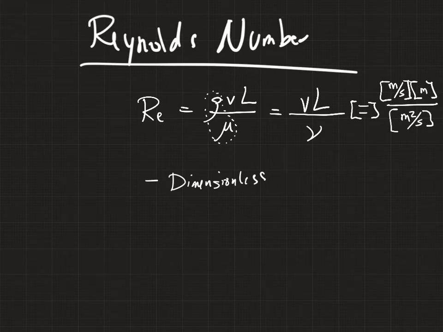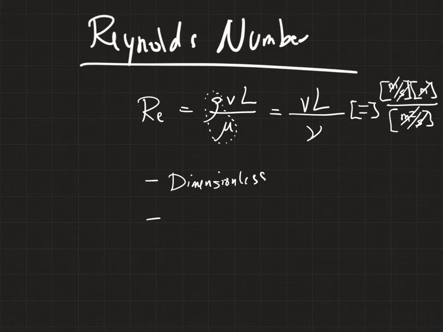And so all that cancels out. The meters and the meters cancel with the meters squared, and the seconds cancel with the seconds. So it's just a number. You say, what is the Reynolds number for this flow? And somebody would say, oh, it's 7.2 times 10 to the fifth. No units. To me, I rather enjoy that.